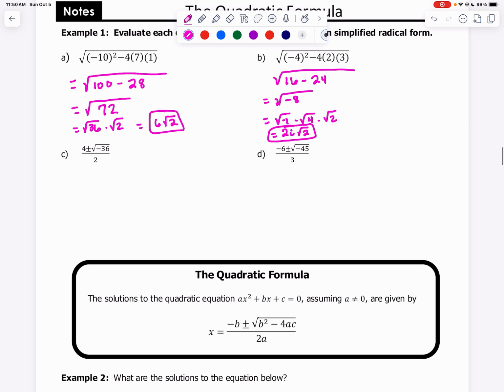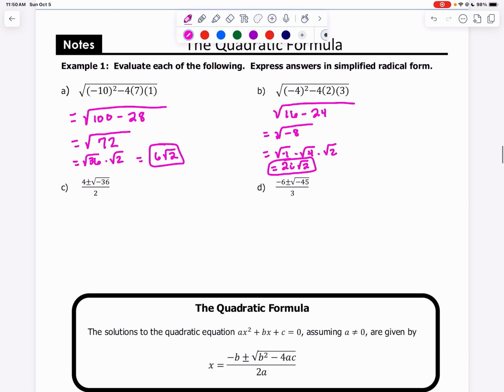All right, problem C. 4 plus or minus the square root of negative 36, divided by 2. We want to simplify or evaluate this expression. The square root of negative 36 is the same thing as square root of negative 1 times square root 36.